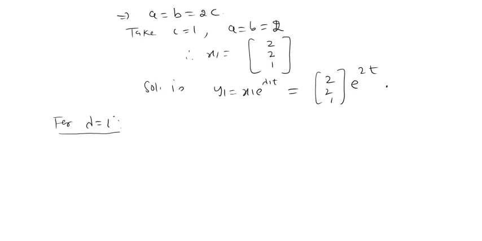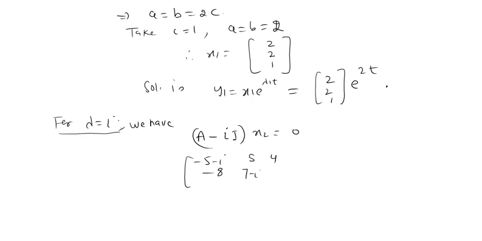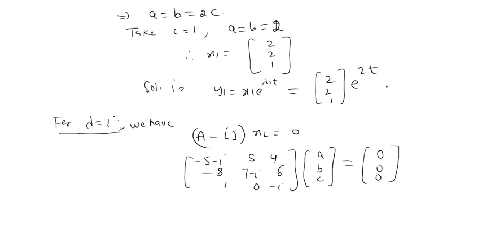For lambda equal to i, we have the matrix equation (A minus iI) x2 equal to 0, with rows (-5 minus i, 5, 4), (-8, 7 minus i, 6), (1, 0, 0 minus i). Assume x2 is (a, b, c) equal to (0, 0, 0). Write its row equivalent and finally solve it.